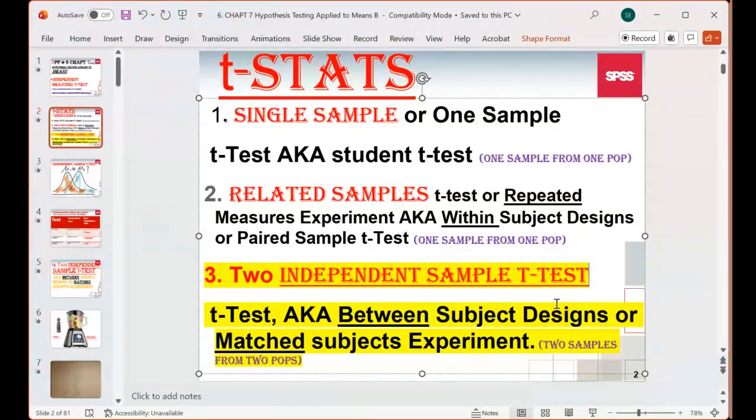But again, your total DF is when you add those two up. That means 19 plus 19 is 38. There's another way to calculate that, and that is if you know your total participants, like 20 and 20, 40. So subtract 2 from that 40 is 38. It's the same thing. So either way will do.